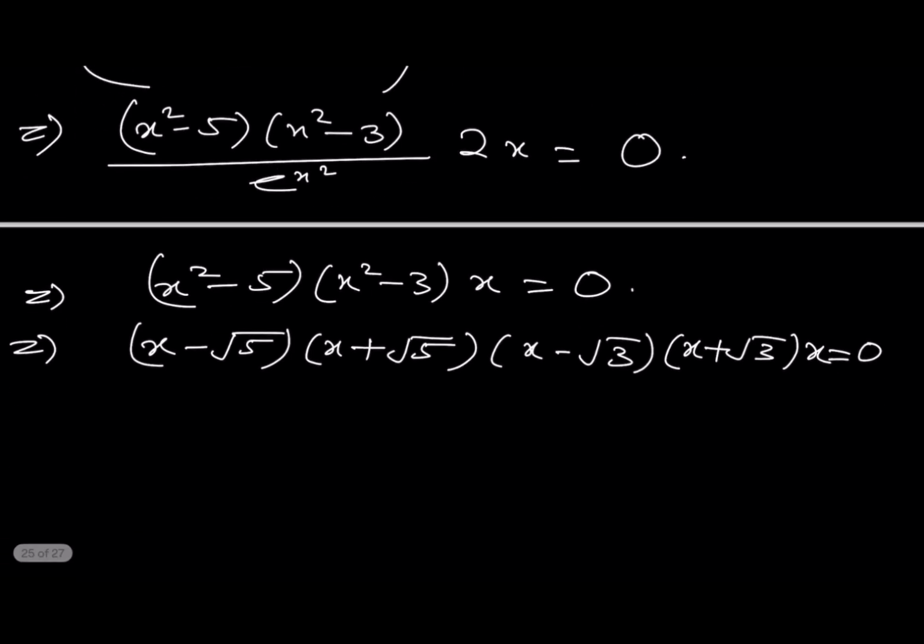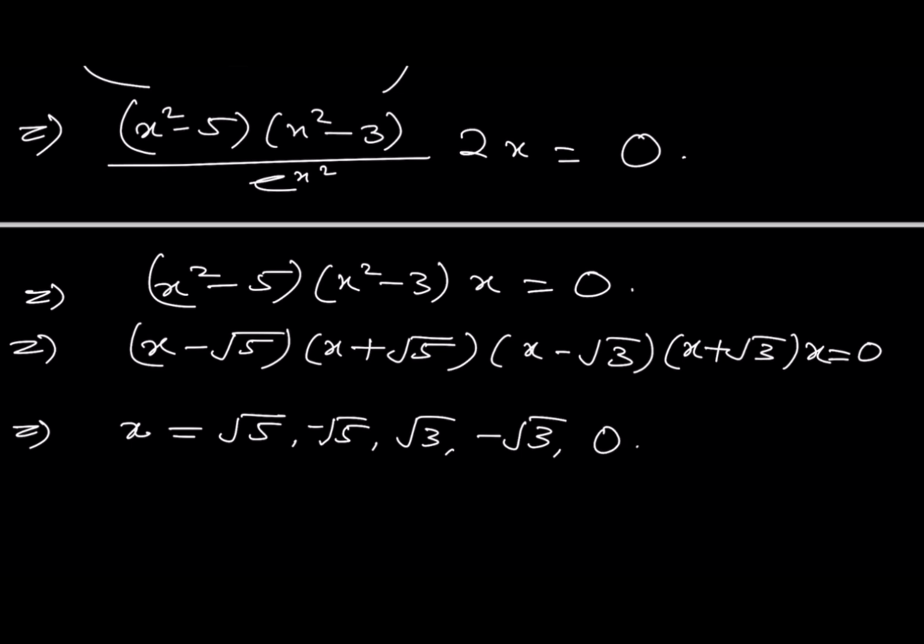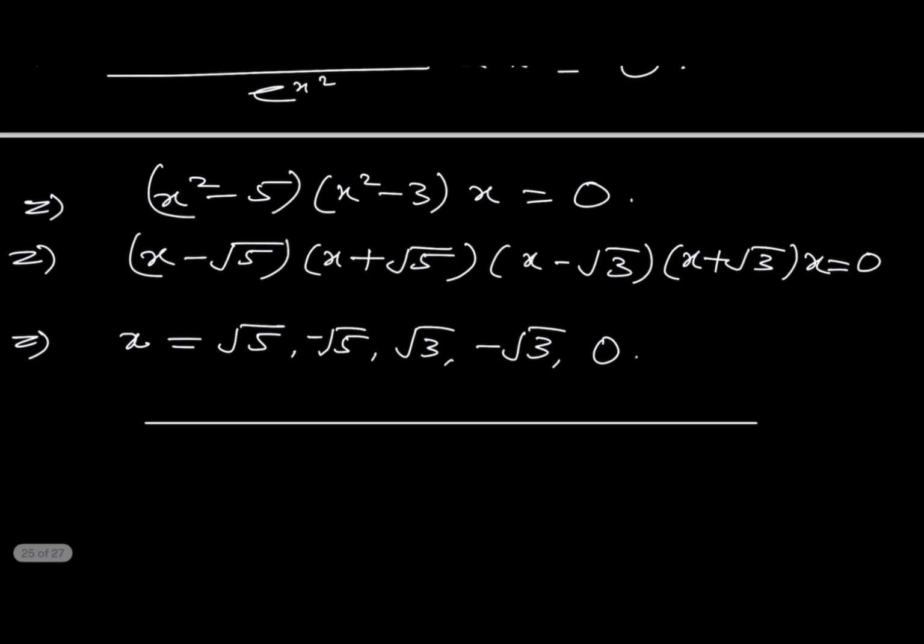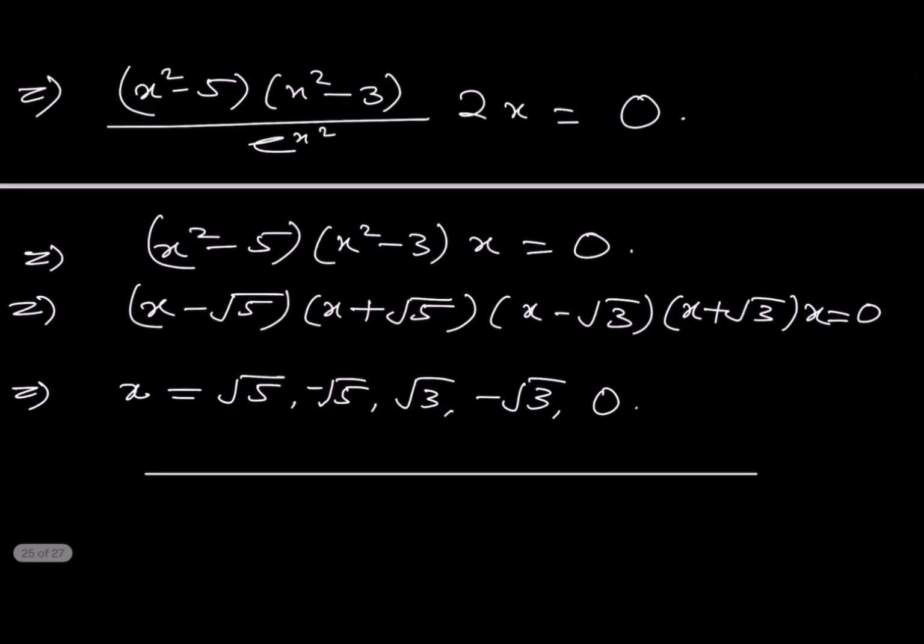So there are 5 factors. Now these will behave like critical points in this case. So x is equal to plus and minus root 5, plus and minus root 3, and 0. All these are the points where either maxima or minima will occur.